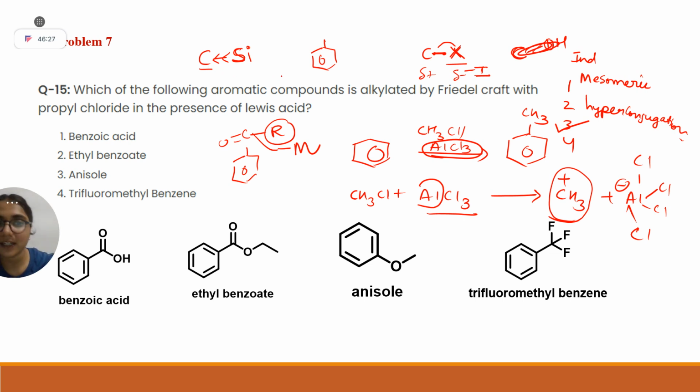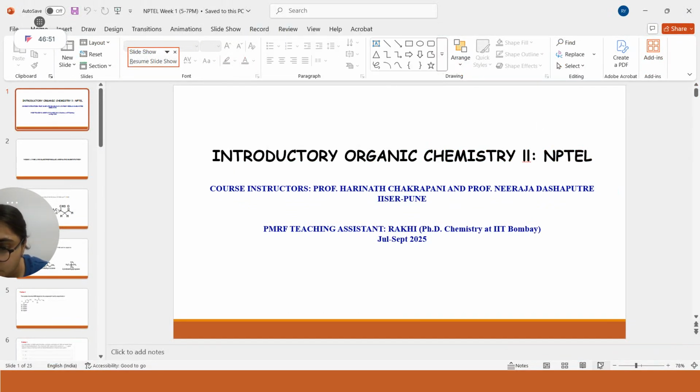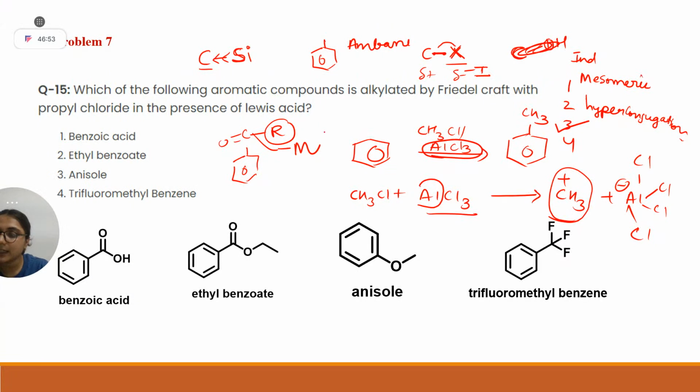You can take a simple example. Assume you are carbon. If Ambani is coming to your home, will he donate you money or take money from you? He will donate. That means Ambani is plus I, because plus means good, money is coming.